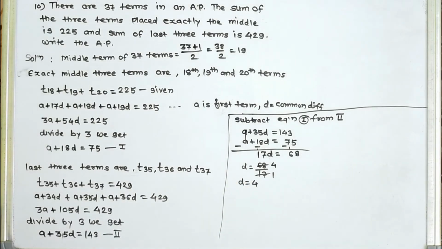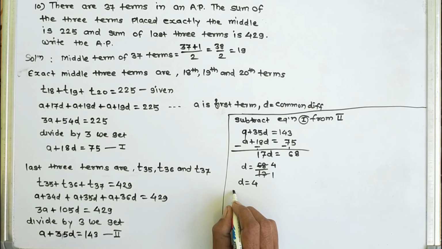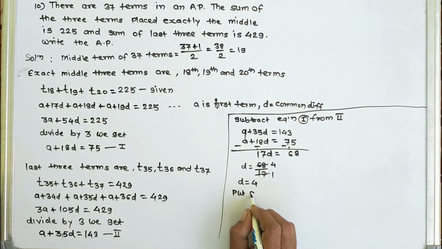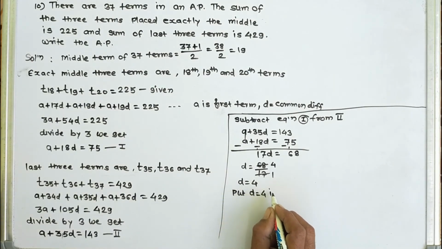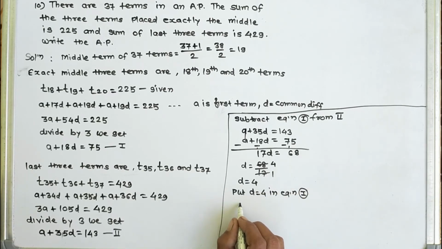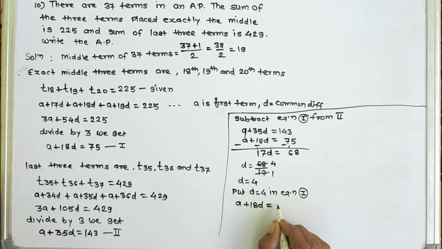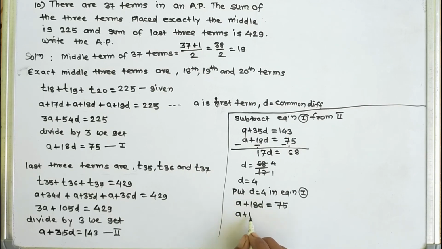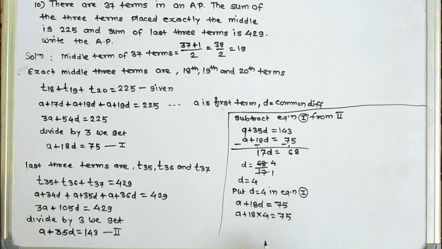Now find the value of a. Put d equal to 4 in equation 1. a plus 18d equal to 75. Put d equal to 4. a plus 18 into 4 equal to 75.